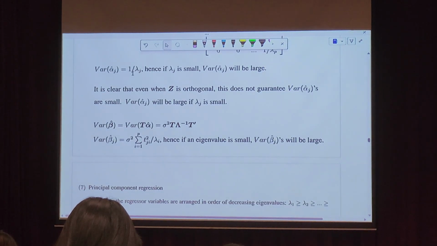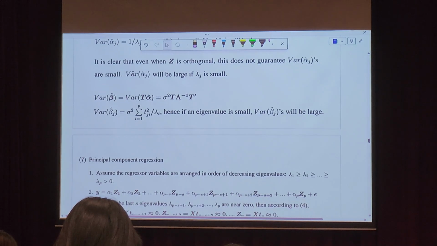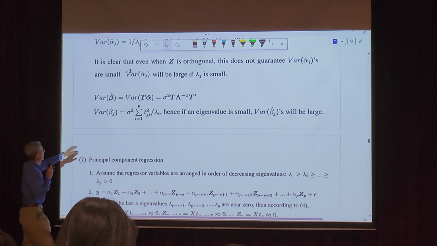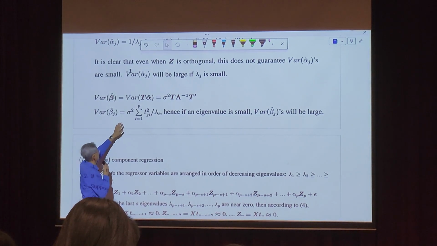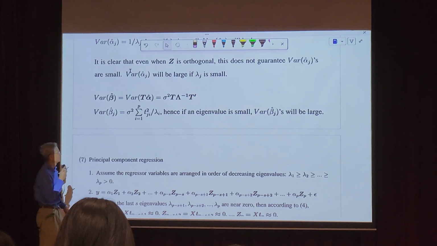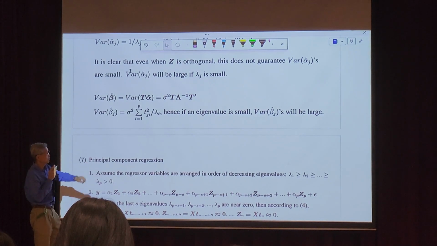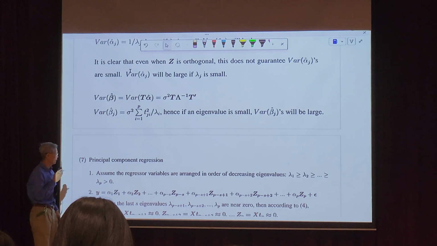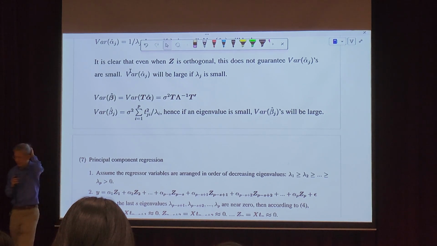So this one says the variance of beta j also depends on the variance of alpha. So if the eigenvalue is small, the variance of beta j will also be large. So I think by now we know what to do.